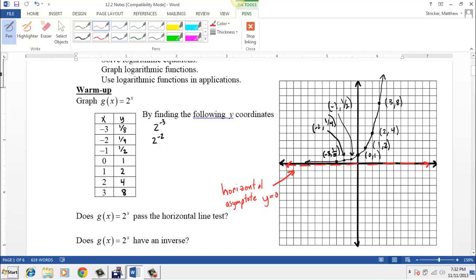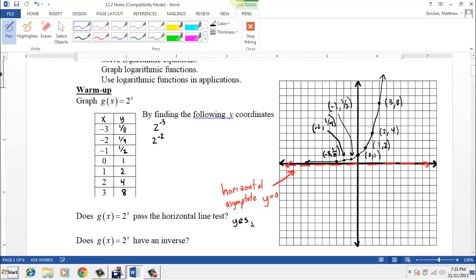Now let's ask ourselves a question. Does this particular graph pass the horizontal line test? Can you pass a horizontal line through this graph and have it cross in more than one place? And the answer to that question is no. So it does pass the horizontal line test. Which means what? Ask yourself that question. If it passes the horizontal line test, what does it say about the function?